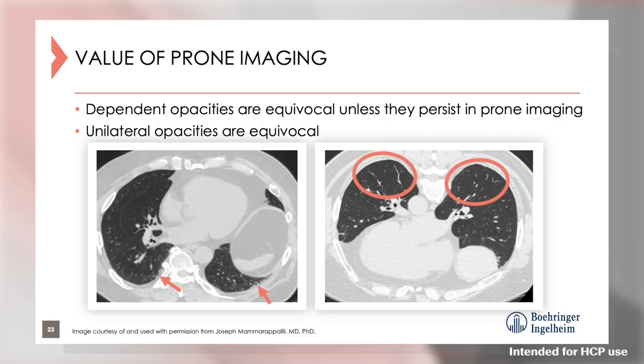And so for my initial baseline interstitial lung disease evaluation of a patient, I always get prone imaging because sometimes these opacities can absolutely represent atelectasis and completely resolve on prone imaging. Prone imaging, very important if you're going to call a person has ILA or potentially ILD.